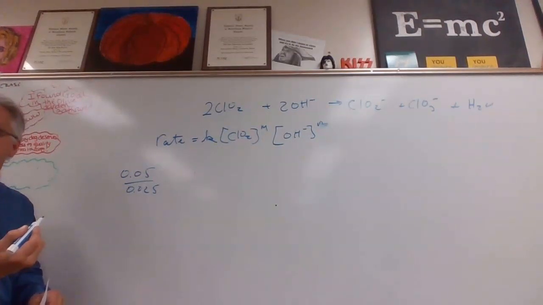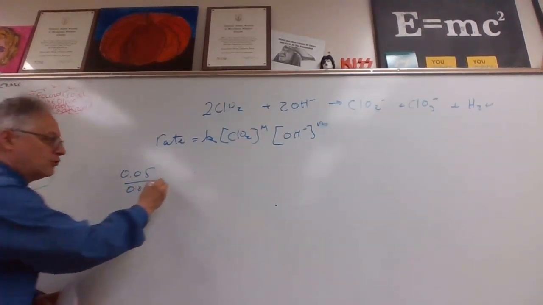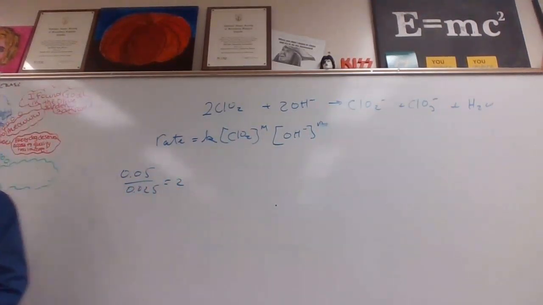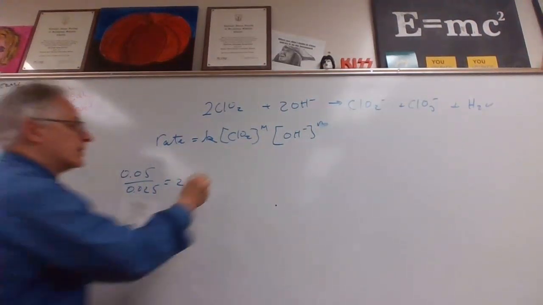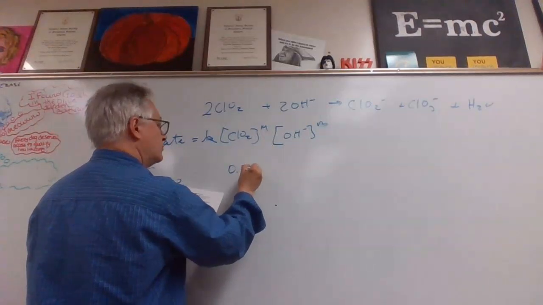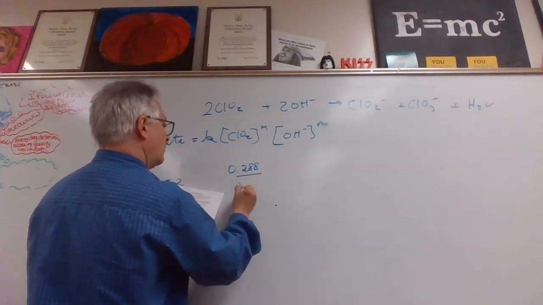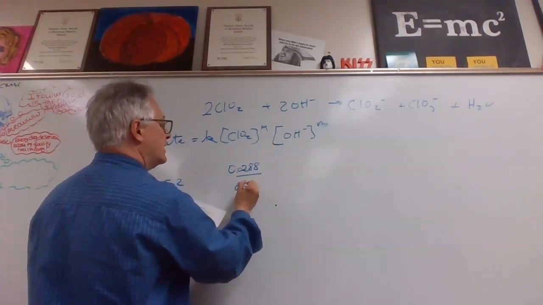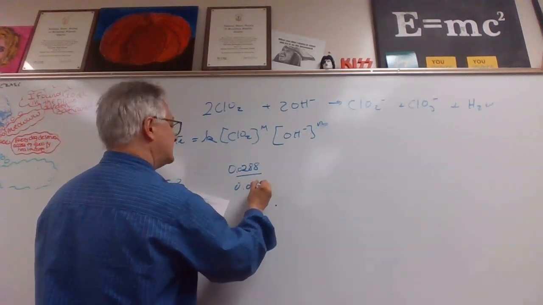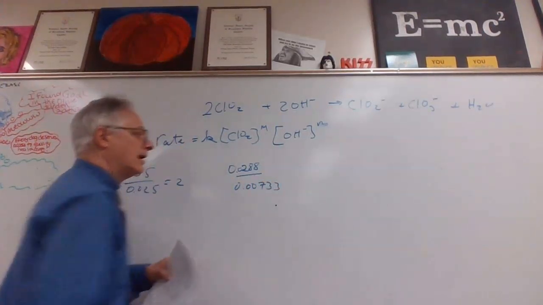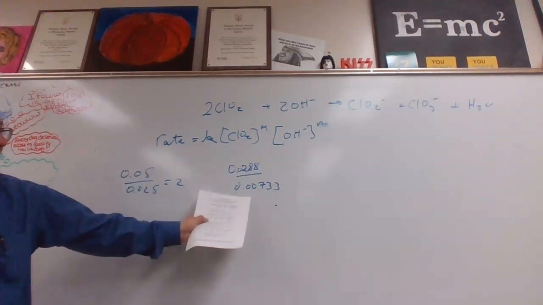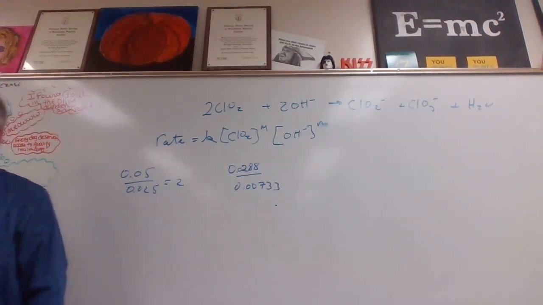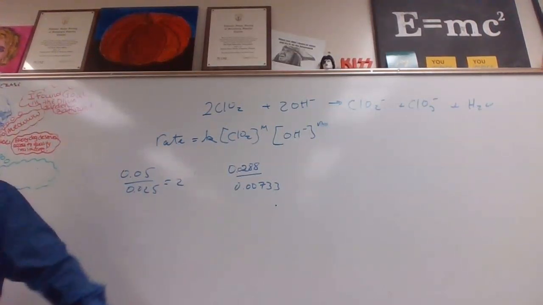That's equal to what? 2. Now, do the same thing with the rates. Take the larger rate, 0.288, divided by 0.00733. And now go ahead and divide that. And I suspect you're going to see a number very close to 4.